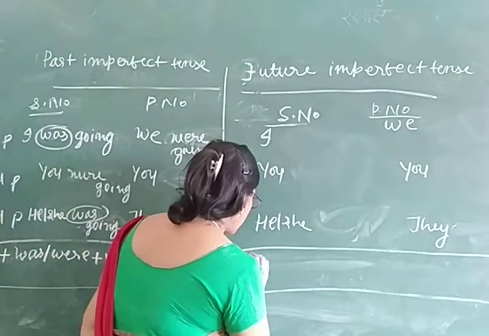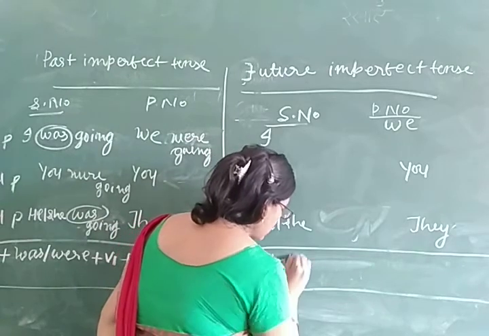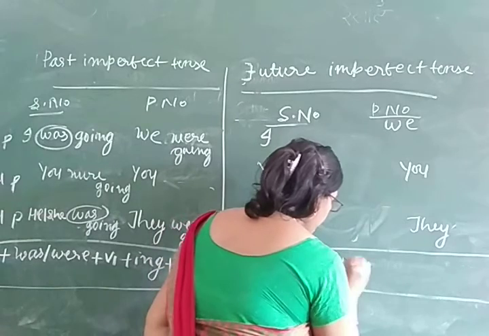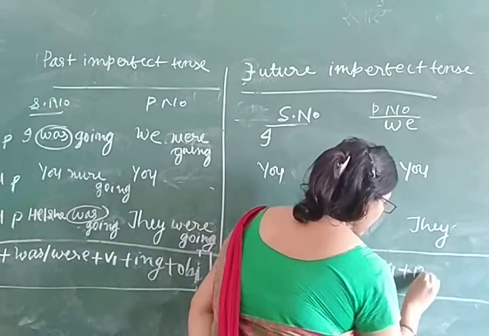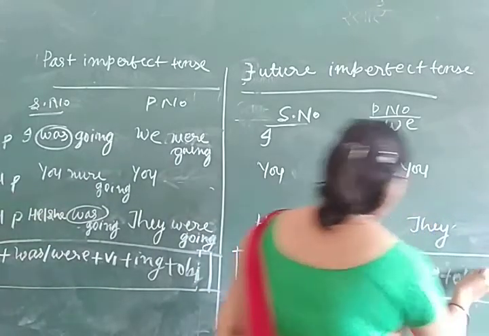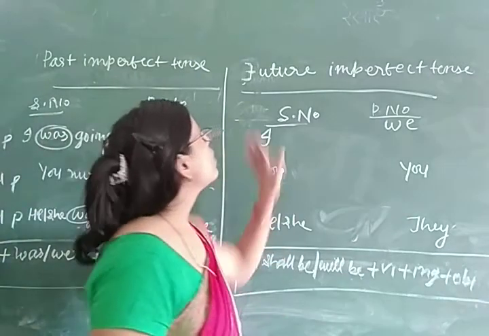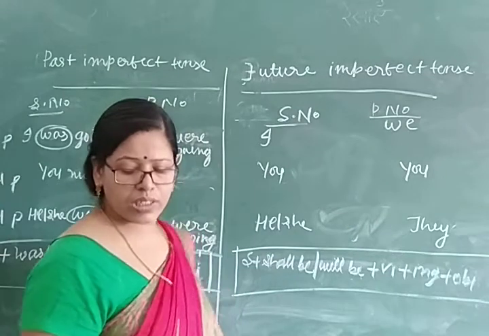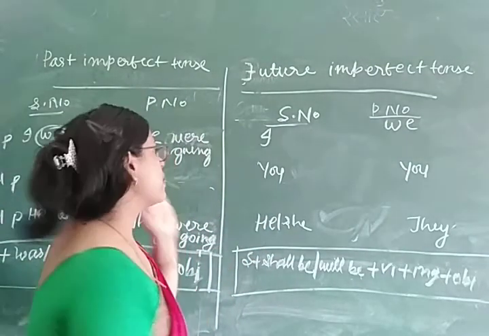Here: subject plus shall be or will be plus V1 plus ing plus object. Alright, so this is the structure of the future imperfect tense. If you know the structure, then it will be very easy to understand the entire tense.